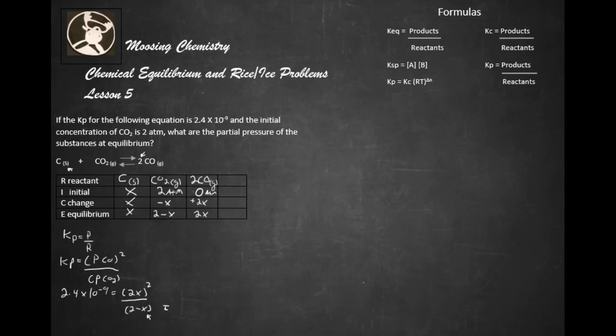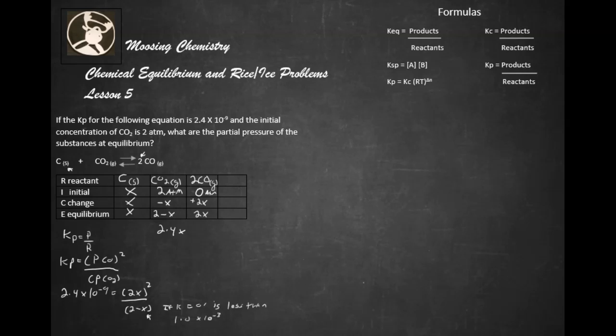If K is less than or equal to 1.0 times 10 to the negative 3, you can throw it out. You can just remove the x, just get rid of the x.